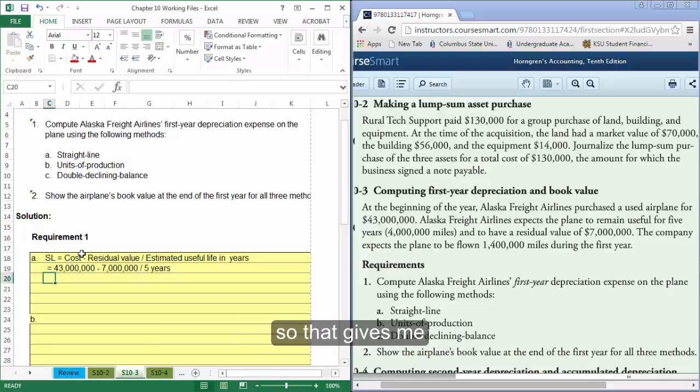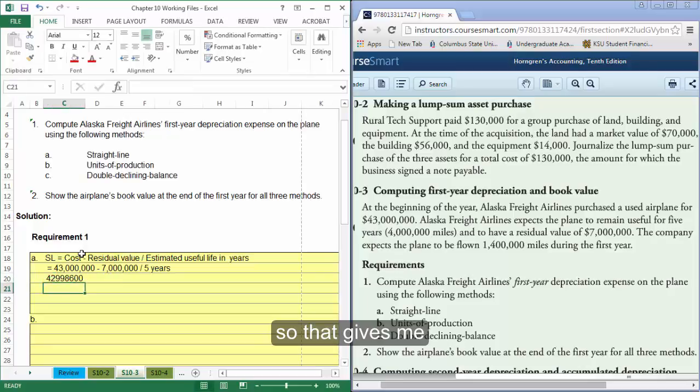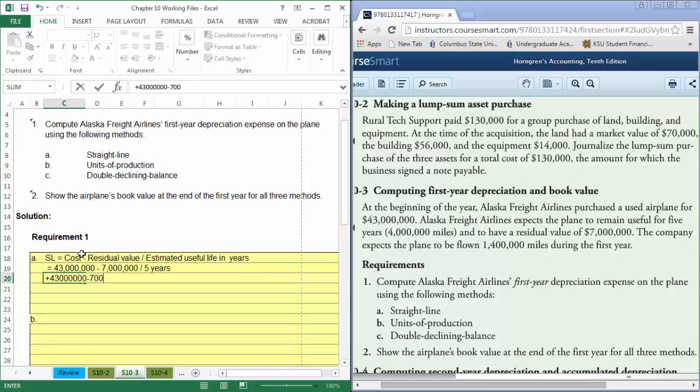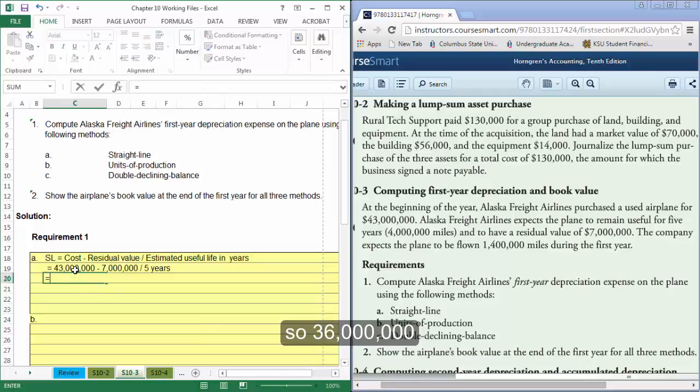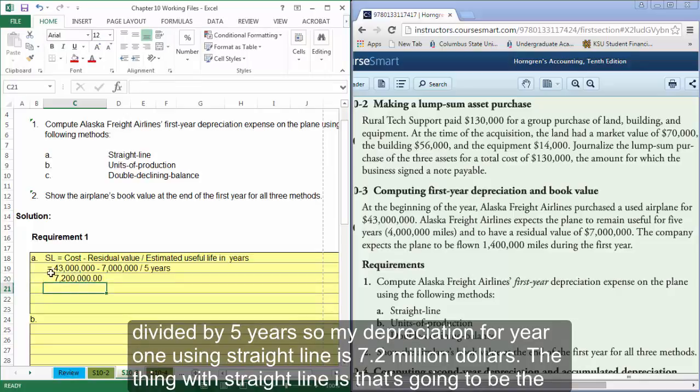That gives $36 million divided by 5 years. So my depreciation for year 1 using straight line is $7.2 million.